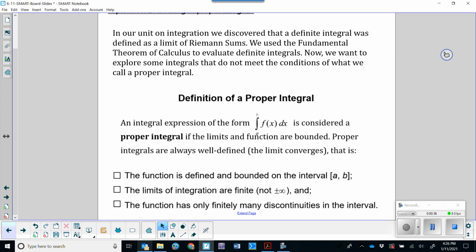So previously, you've always had a definite integral, integrating from A to B, and you could always do that.